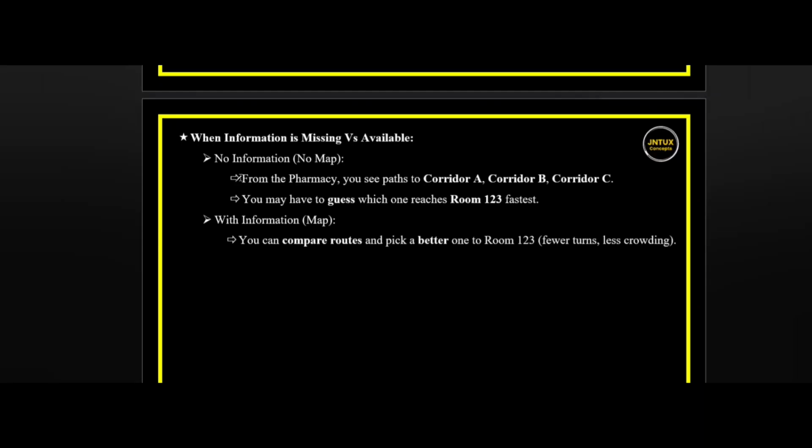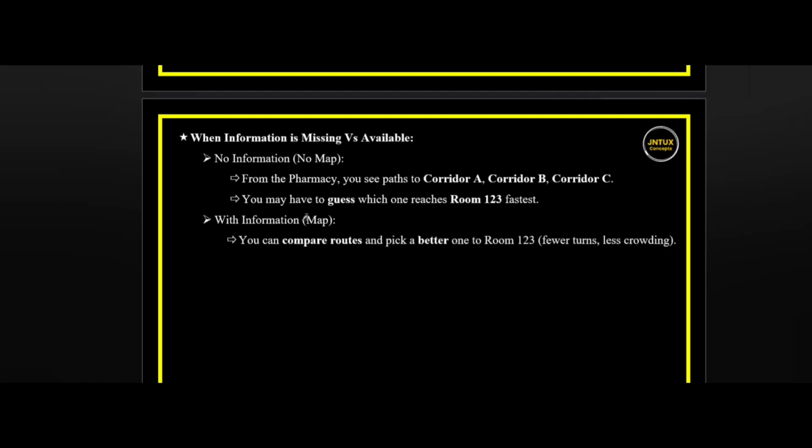You don't know the path to reach the destination. You have no map or floor plan. So from the pharmacy, you see paths to corridor A, corridor B, corridor C, and you have to guess which one reaches room 123 fastest. On that random guess, you move along the path and reach room number 123. So this scenario is for no information.